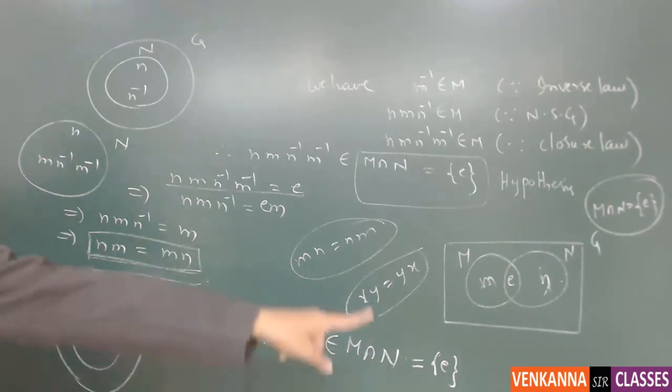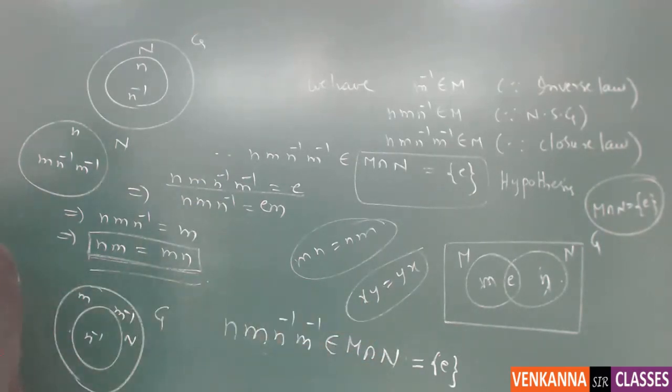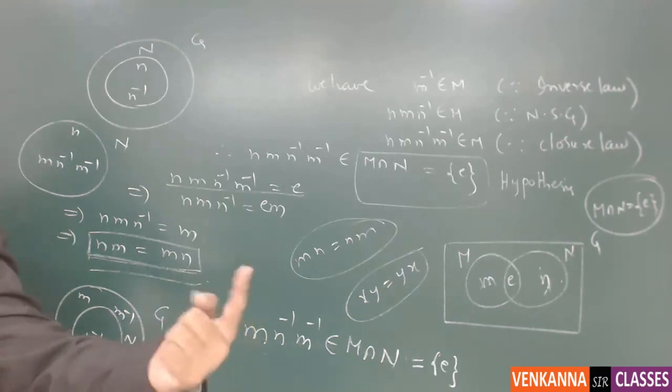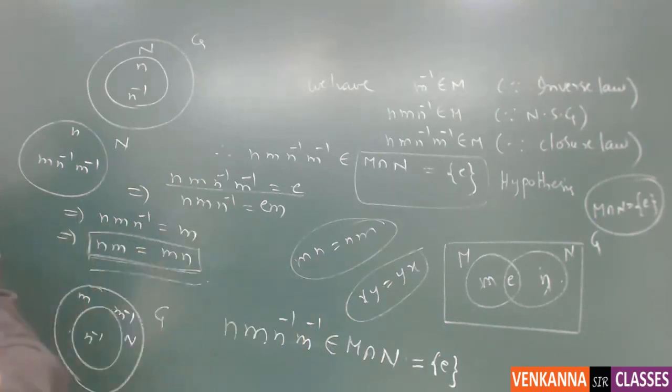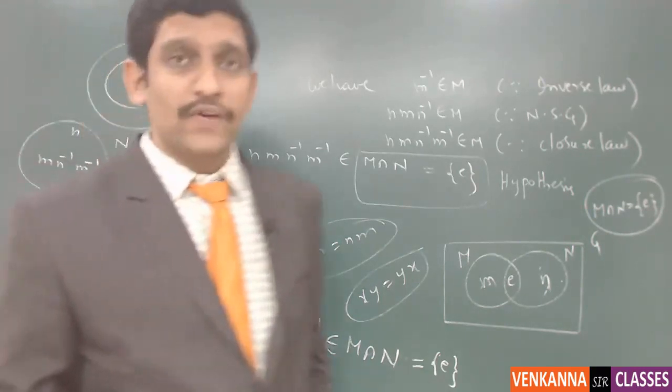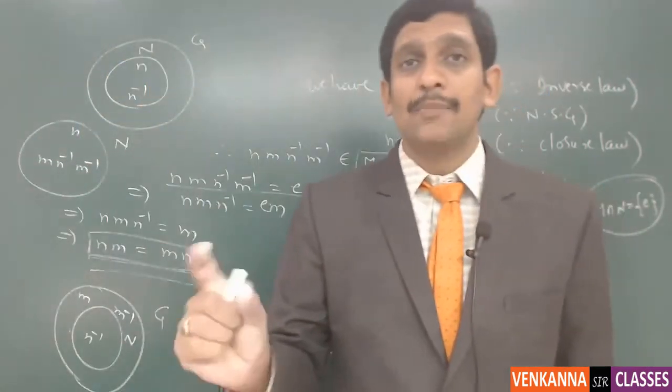But the intention of the problem is this: if you take one element in M and one element in N, they will commute. It is true for every element. You can take any element in M and any element in N, and they will commute. As one of our friends asked, is the normal subgroup abelian?